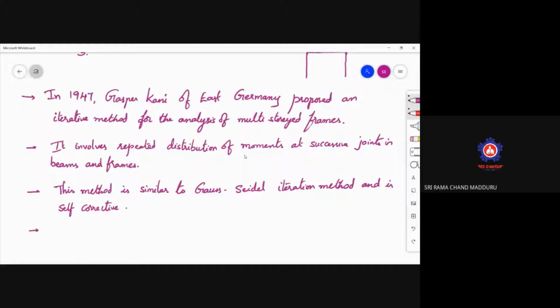It does not require the solution of simultaneous equations, as in the case of the slope deflection method.